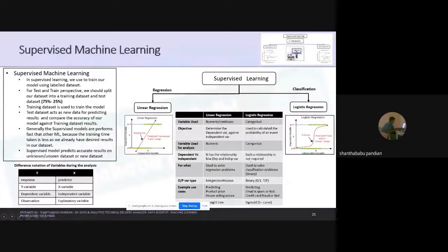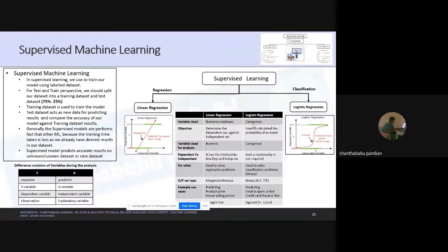Linear is always going to be numerical and continuous. Logistic is going to be categorical variables, for example, whether the guy is from Chennai or Hyderabad, from India or Europe, male or female. So mostly it's going to be categorical variables. Hope you remember what categorical variables are and what discrete variables are. That is totally different.